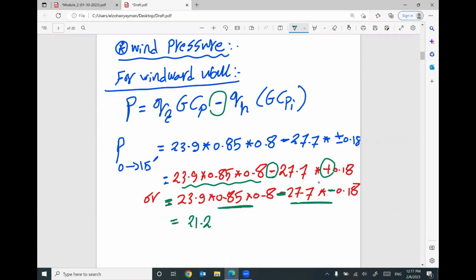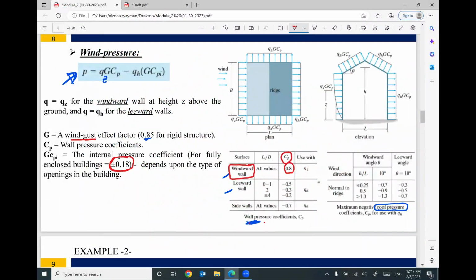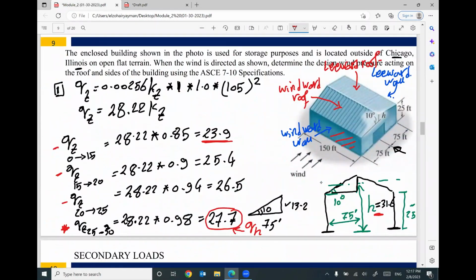I got 21.2. This is your pressure in pounds per square foot. This is the wind pressure on this building from 0 to 15 feet height.